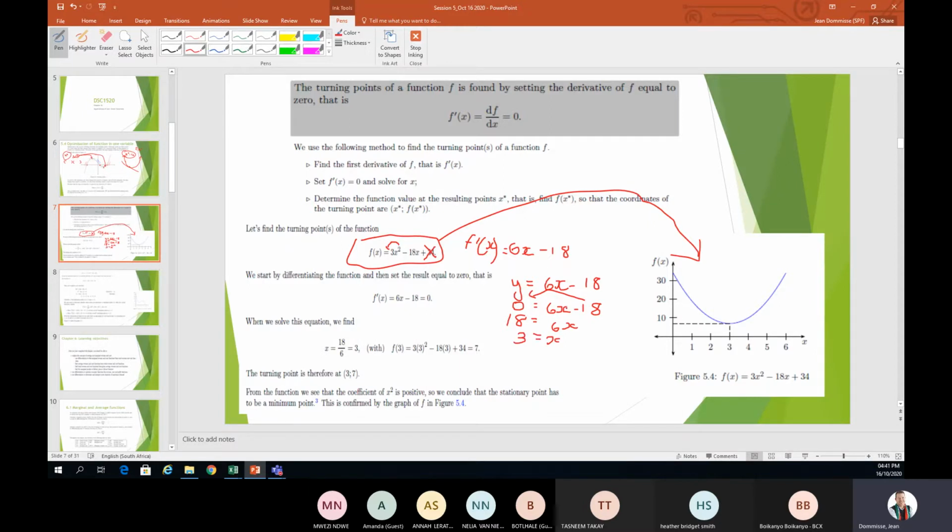Okay, so that is when y is 0, x will be equal to 3. Okay, so that is also your turning point.